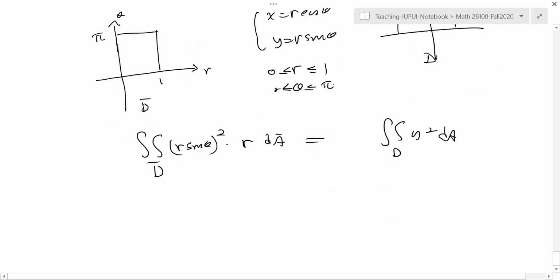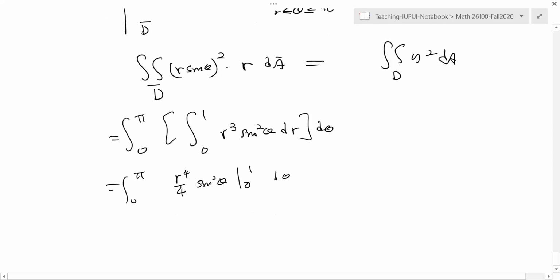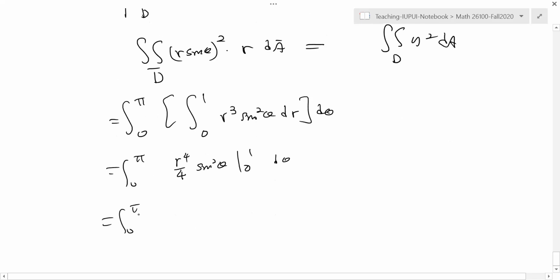Yes, you can get the iterative integral, and you can do theta outside and r inside. That's fine. It's r cubed sine squared theta dr d theta. The antiderivative of r cubed is a quarter of r to the fourth power. So you can evaluate, and finally you get a quarter of the integral of sine squared theta d theta.